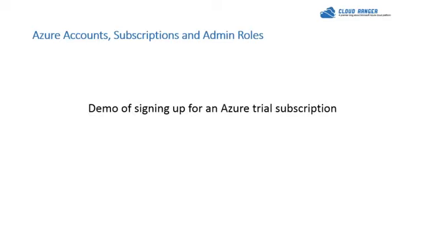Having said that, let's actually have a demo of signing up for an Azure trial subscription. What we are going to do is use the account we talked about for this blog, which is our Cloud Ranger blog at hotmail.com, and we will sign up for an Azure trial subscription.